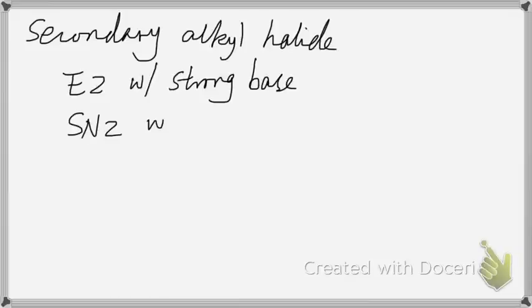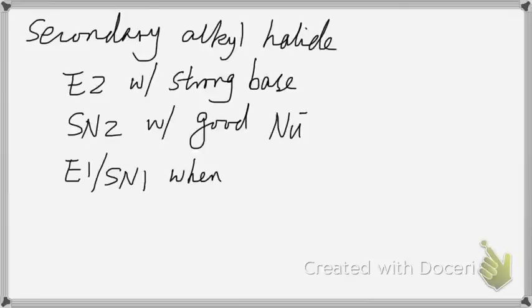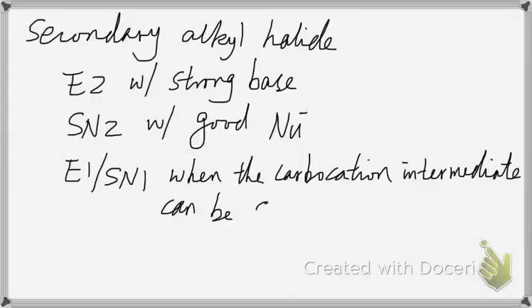Secondary alkyl halides, they could undergo any mechanism depending on what you have. Again, E2 with strong base. This is true for all three types of alkyl halides. E2 with strong bases. SN2 with good nucleophiles, and you've seen at least three good nucleophiles as examples.